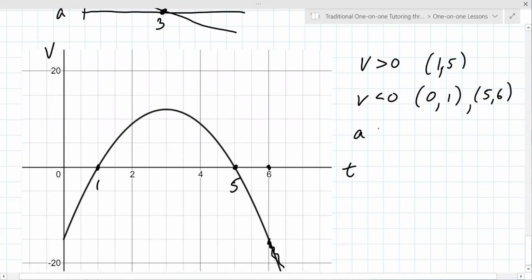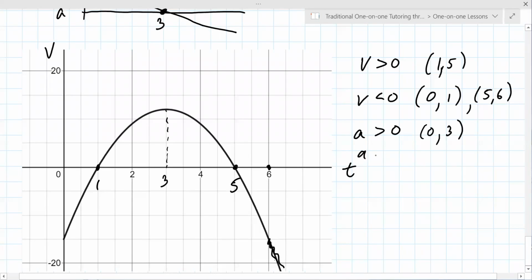When is acceleration positive? Acceleration is what in relationship to this graph? Slope. So when is the slope going up and to the right? From 0 to 3.